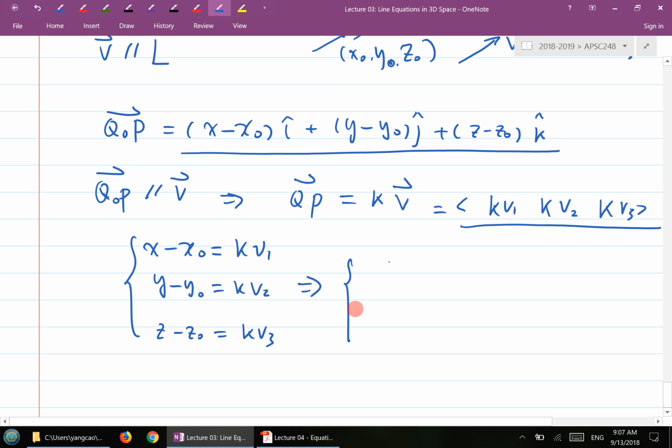Or putting things in the same format. So we end up with another set of parametric equations with this simple relationship.